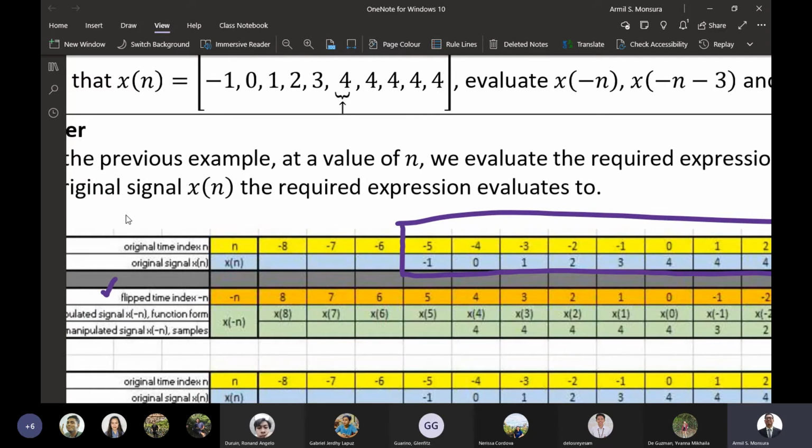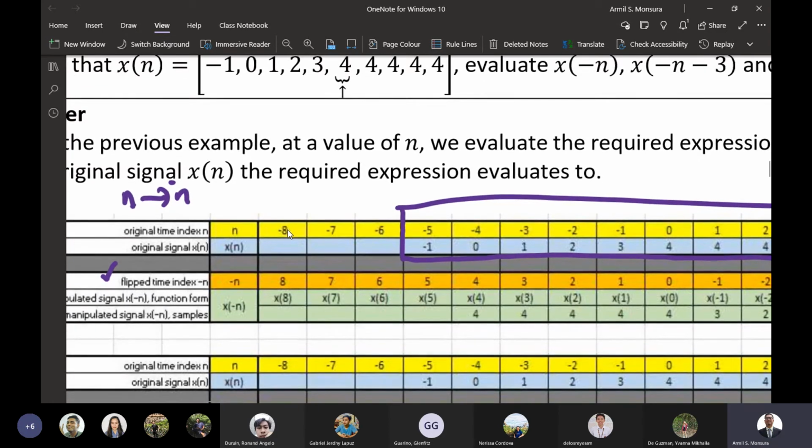So sabi nga natin, yung n, papalitan natin ng negative n. Okay? So which means kung negative 8 siya originally, yung ating manipulated time index magiging positive 8. Naintindihan? Okay? So yung negative 7 magiging positive 7 and so on and so forth.